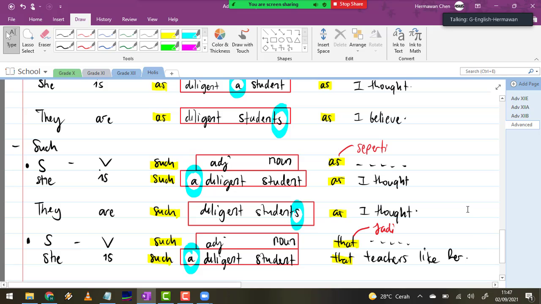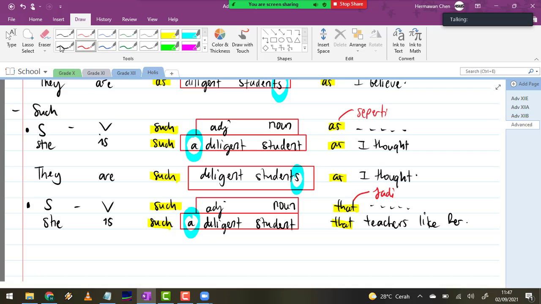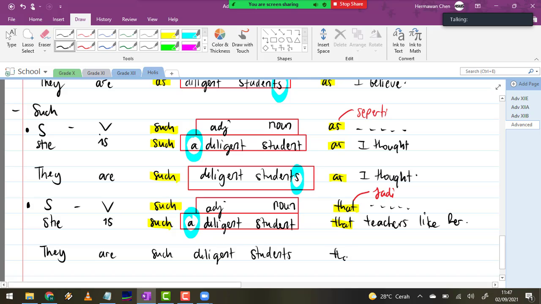Okay, this is "such". There are two patterns. Any question, guys? I'll give you the example of the plural subject. Yeah, they are such diligent students that teachers like them.